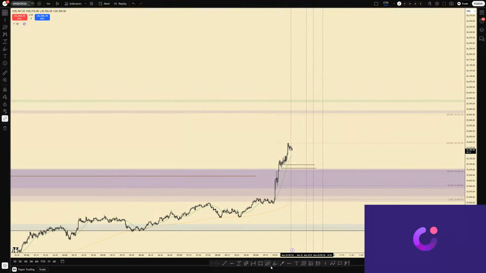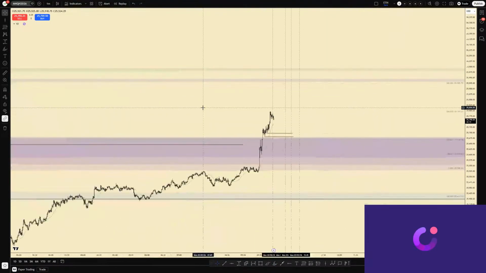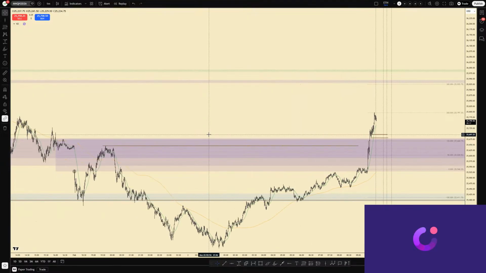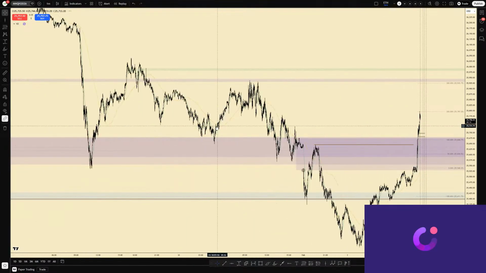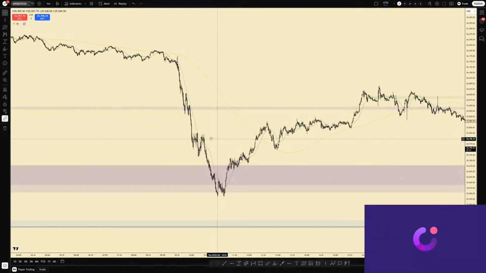We may see expansions with little or no retracements at all. But when it is range bound on the higher time frame, we may see a little weird stuff like this over here.